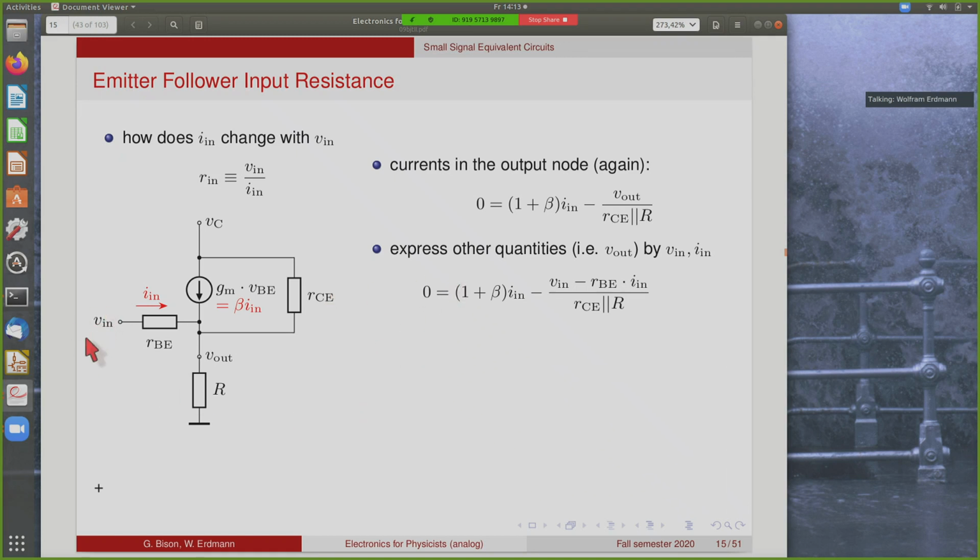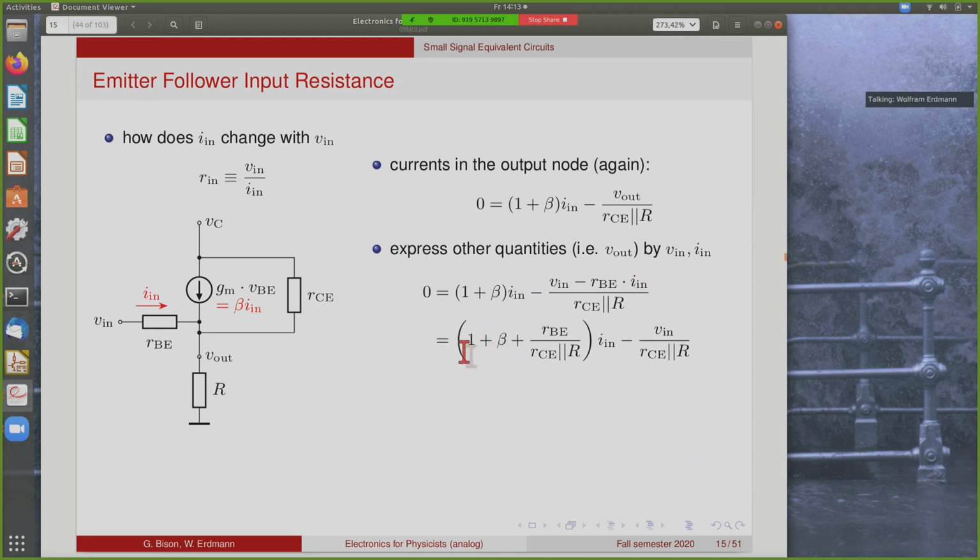Now we wanted to have V in and I in, so here we have to get rid of V out, and this can be done by taking the voltage drop across the input resistor. So the output voltage is the input voltage minus the voltage drop across this resistor, so V in minus RBE times I in, and this factor remains, of course.